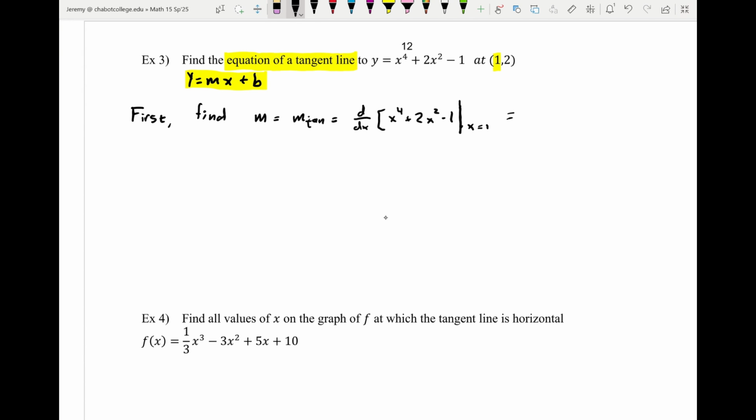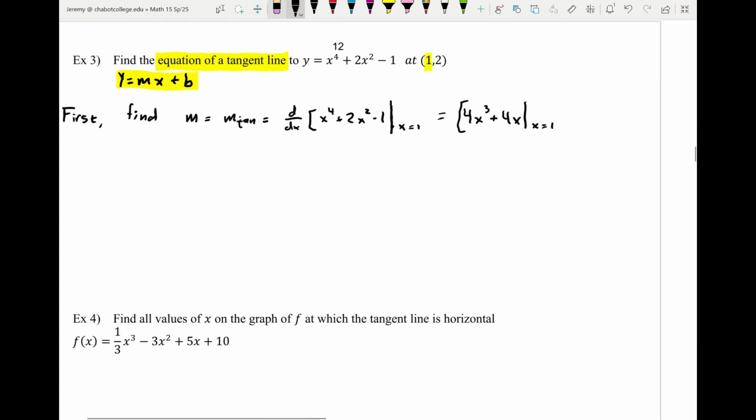So the derivative is going to be 4x to the 3rd plus 4x plus 0, right? Because that constant value goes to 0 when we take the derivative. And we just want to evaluate this now at x equals 1.